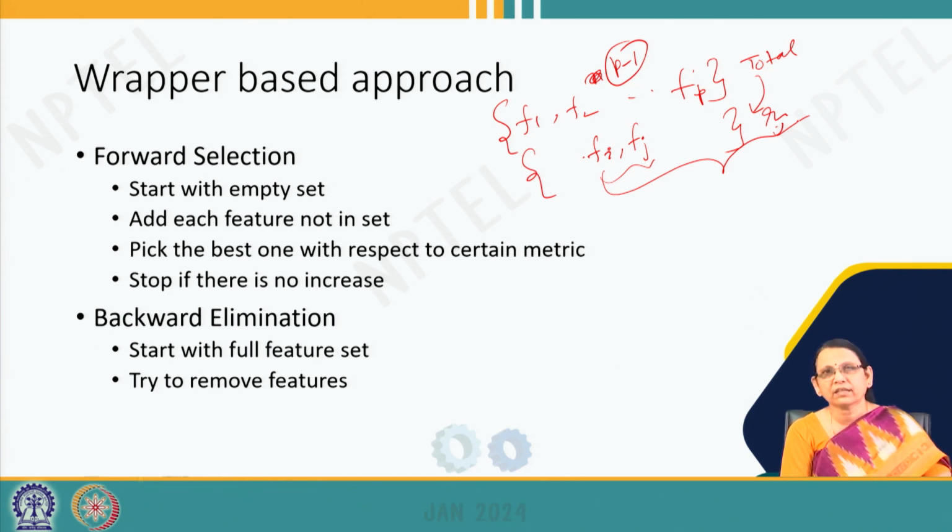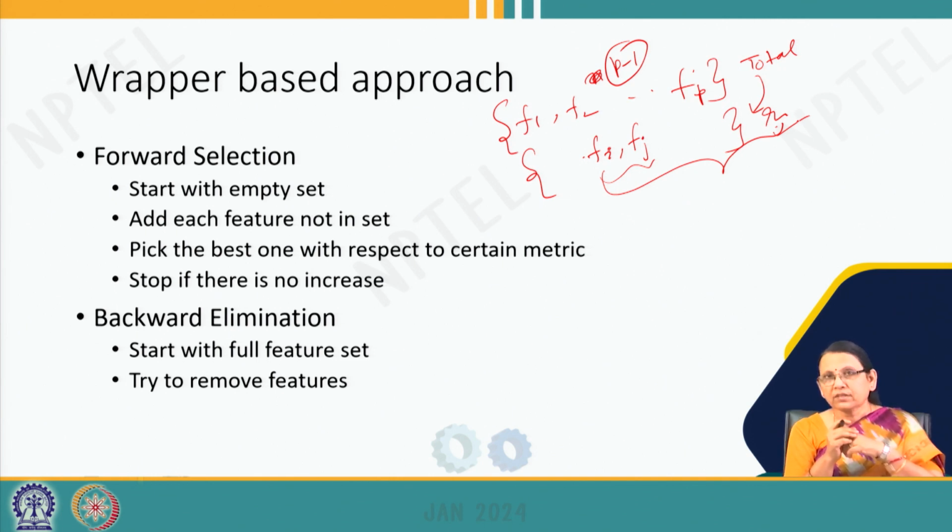Now, you will get a certain accuracy, or R square in case of regression, some such accuracy criteria, or you can go for cross validation. Somehow that metric you will try to find out with respect to each one.